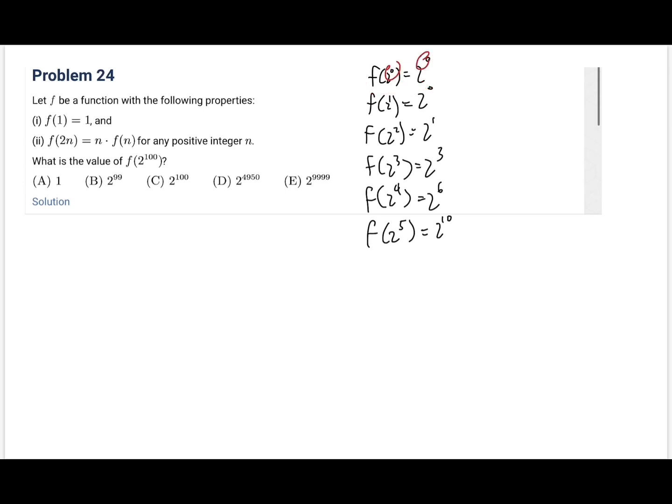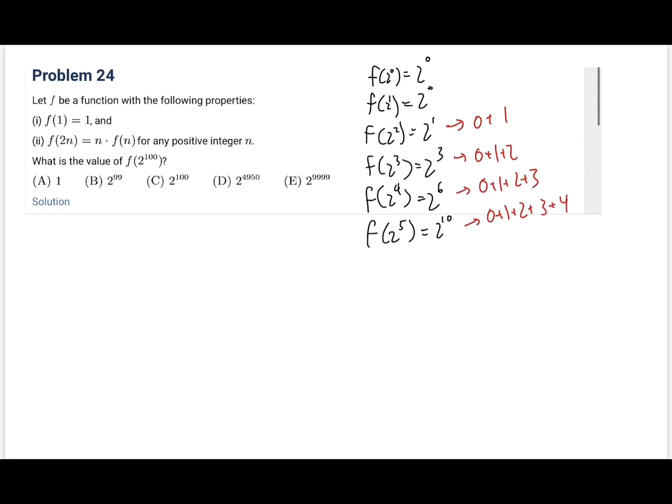So 0 plus 0 equals 0, 1 plus 0 equals 1, 2 plus 1 equals 3, 3 plus 3 equals 6, and so this will be 0 plus 1, this will be 0 plus 1 plus 2, this will be 0 plus 1 plus 2 plus 3, this will be 0 plus 1 plus 2 plus 3 plus 4.